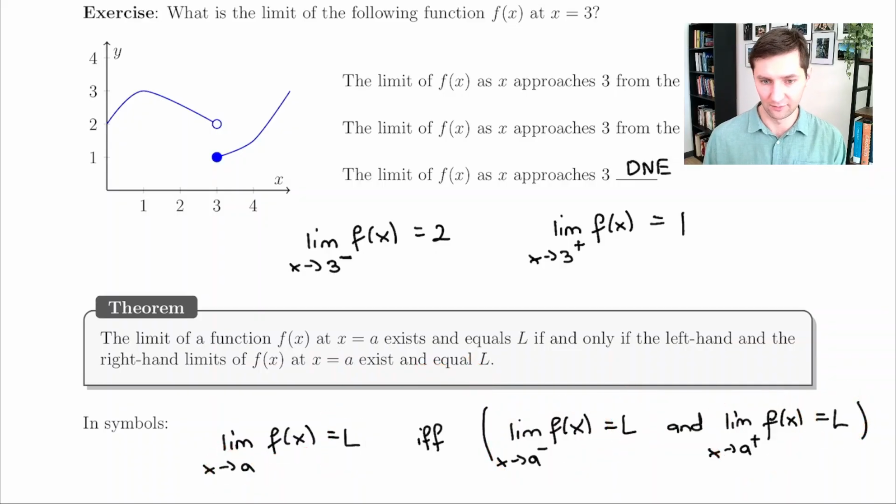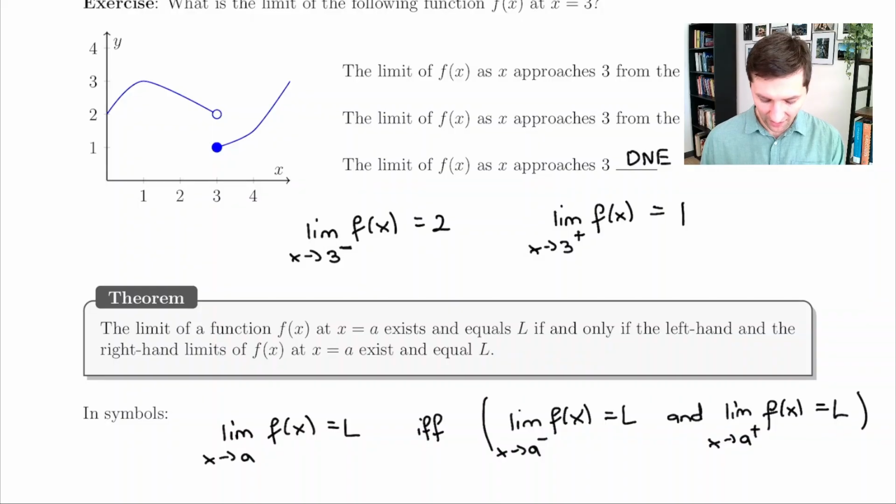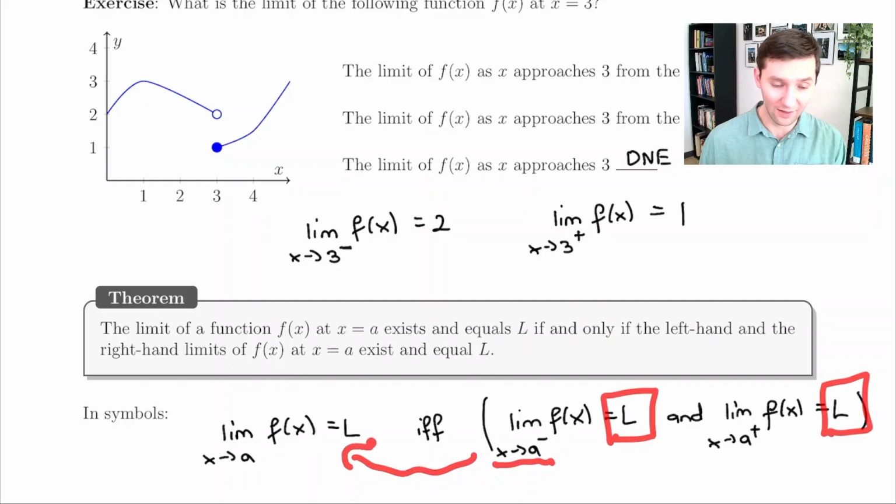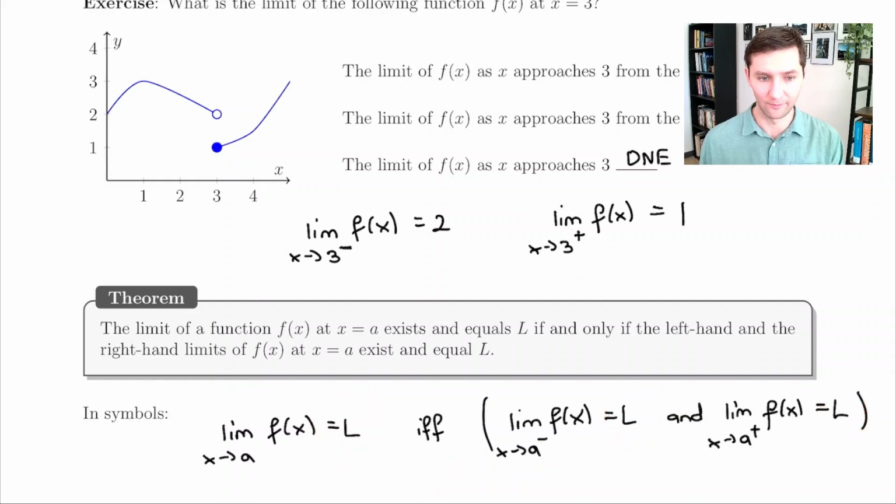On the other hand, if the limit of some function as x approaches some number a from the left is, let's say, 7, and the right-hand limit is also 7, then you can conclude that the general limit at that number also equals 7.